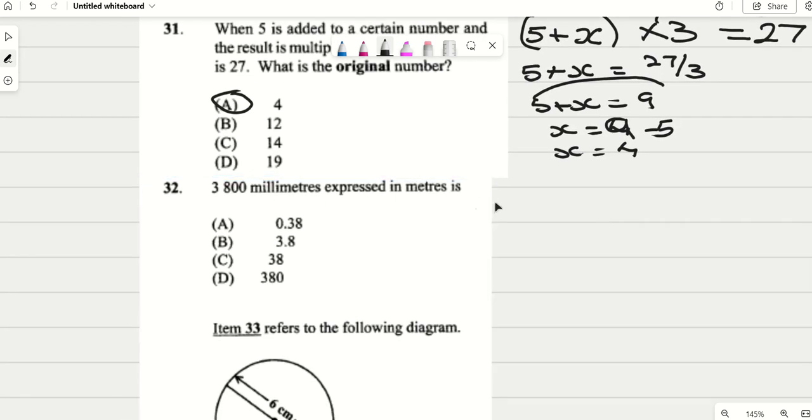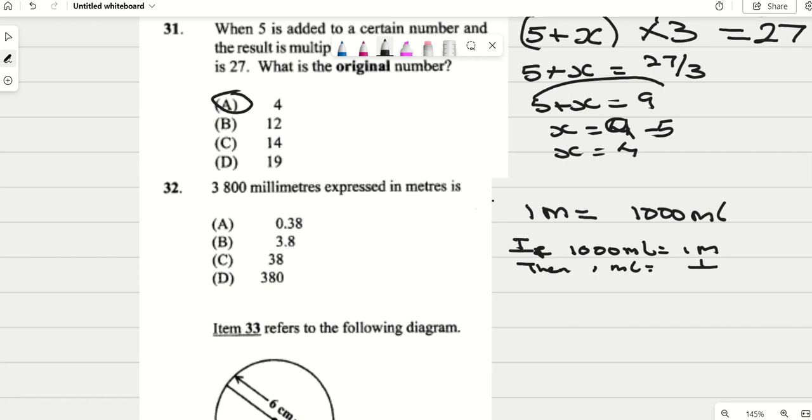Millimeters expressed in meters. So we know that 1 meter is equal to 1,000 millimeters. So if 1,000 millimeters is equal to 1 meter, then 1 millimeter is equal to 1 over 1,000 meters.